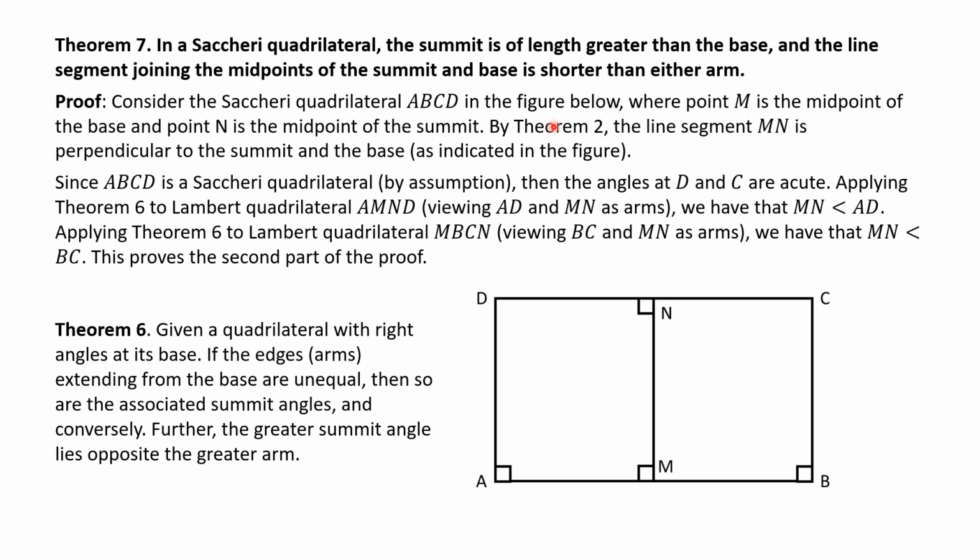And then we know from theorem 2 of the previous lesson that MN is perpendicular to DC and AB. So I've drawn that here. Now we can apply theorem 6. If you recall, theorem 6 you only needed to have right angles at the base. So we can apply it to both sides.